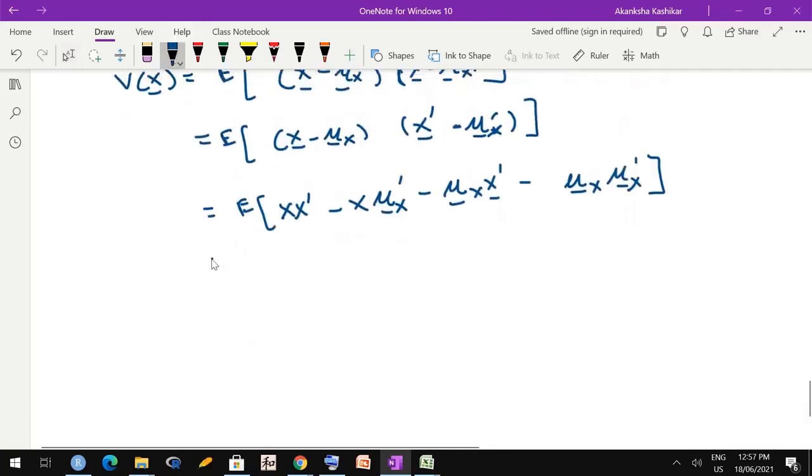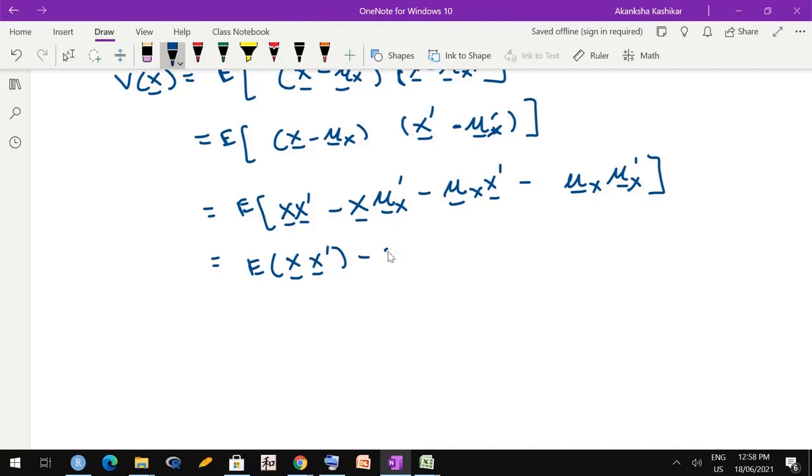Now let me take the expectation. If I want to compute the expectation, I can take it inside this bracket because things are linear. I should not forget that these are all vectors. So the expectation of x x prime, minus the expectation of x into mu x prime.